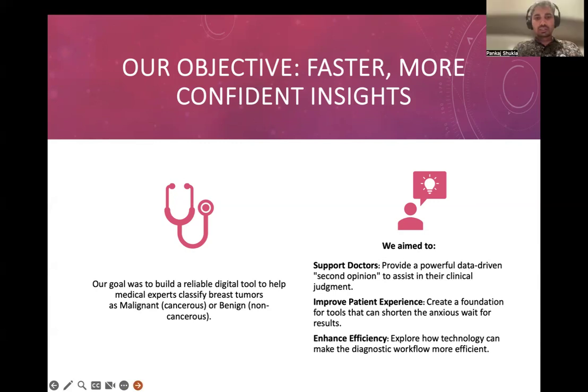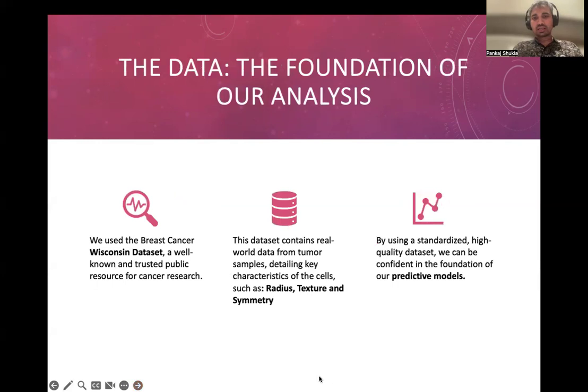Thanks, Harshil. So I'll get started with the data and model aspect. In order to tackle this kind of problem statement, we needed a high quality standardized data set. We looked at multiple sources and found in the UCI machine learning repository the Breast Cancer Wisconsin data set, which is a verified clinical data set, and we went ahead with it.